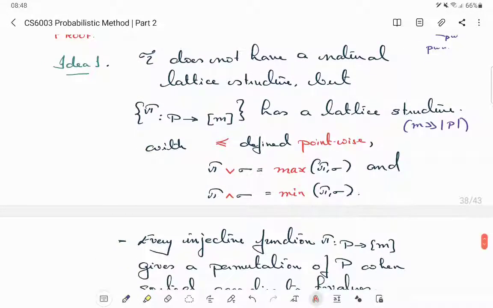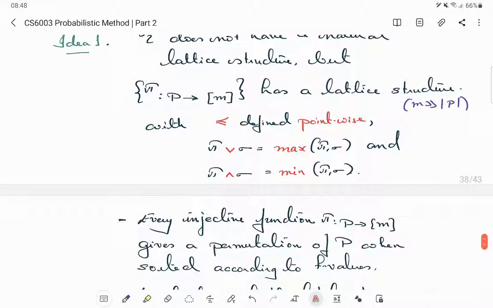But now among these functions, if pi was an injective function, then I can reconstruct a permutation out of pi. How do I do that? I sort the members of P in the order of pi of P, so you sort P according to the pi values, not f values.